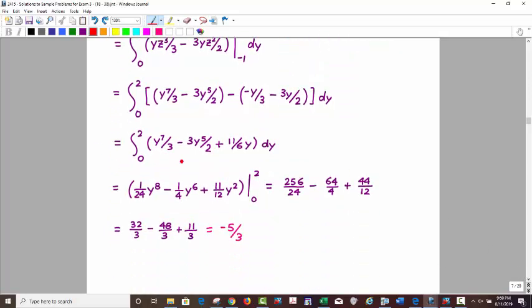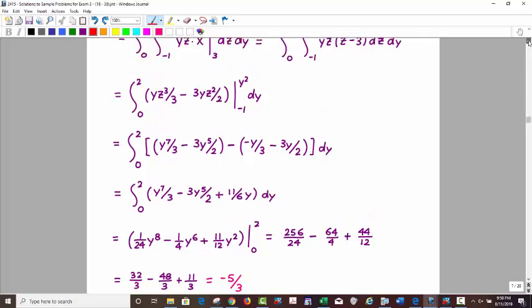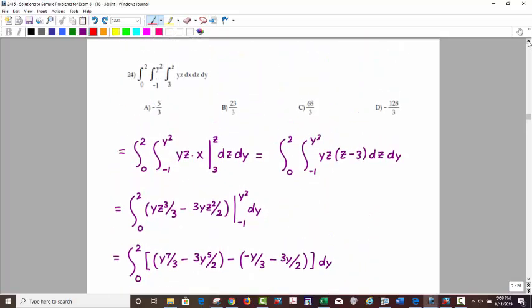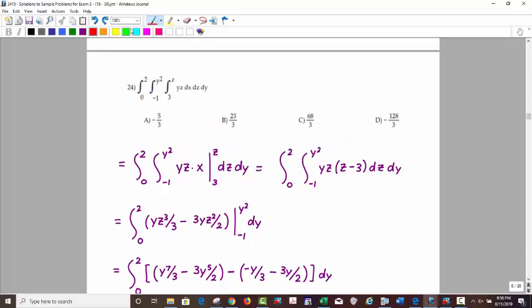And then it's just basic antiderivative stuff from here. Power rules for all of these. Three separate power rules. Put in 2, put in 0. You get negative 5/3. Oh, which is answer A.